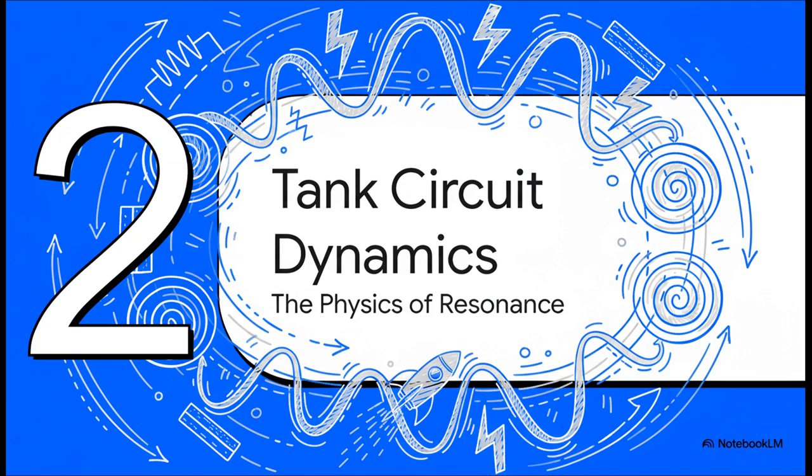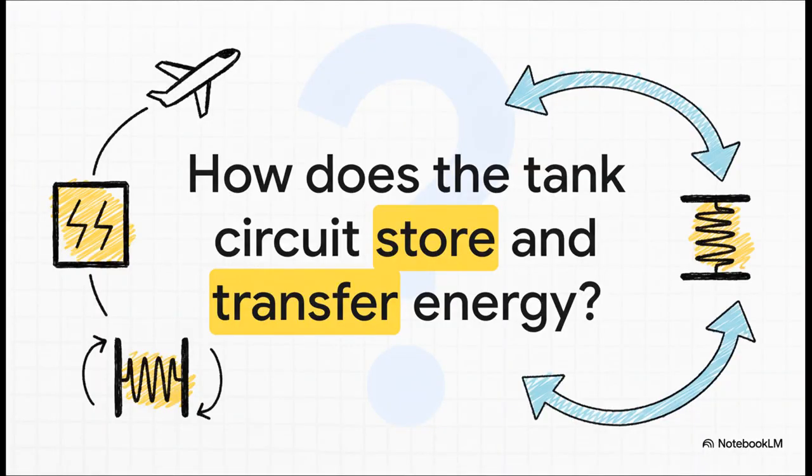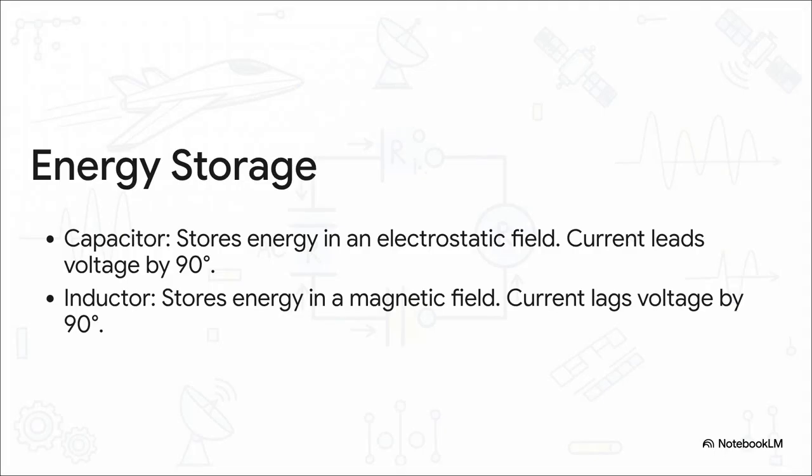So let's examine the physics that govern the high-efficiency energy transfer that actually defines the resonant state inside the tank circuit. The core mechanism of resonance involves two distinct and opposing ways of storing energy, both operating in a cyclical, self-sustaining exchange. First, the capacitor. It stores potential energy in an electrostatic field through the dielectric polarization of its core material, something like tantalum pentoxide.